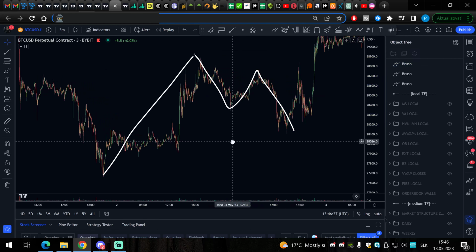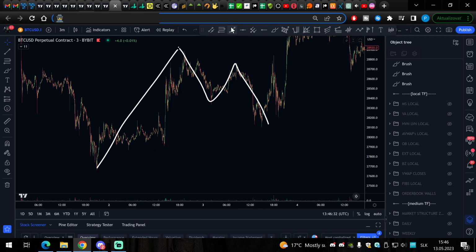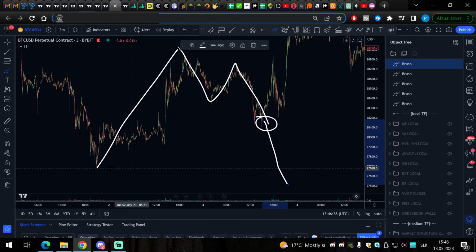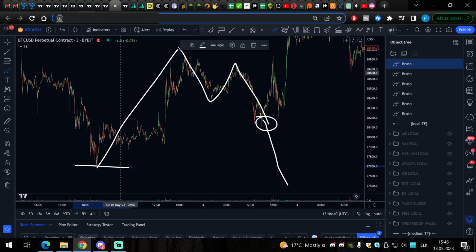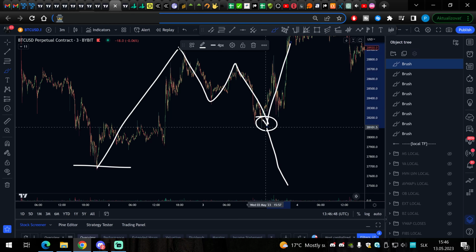This is also very important to understand, because two things can happen at this area. You can continue moving down and take out this low, which will resume the higher time frame downtrend. Yes, or you can find support on the pullback, and you can resume the upside from these positions.